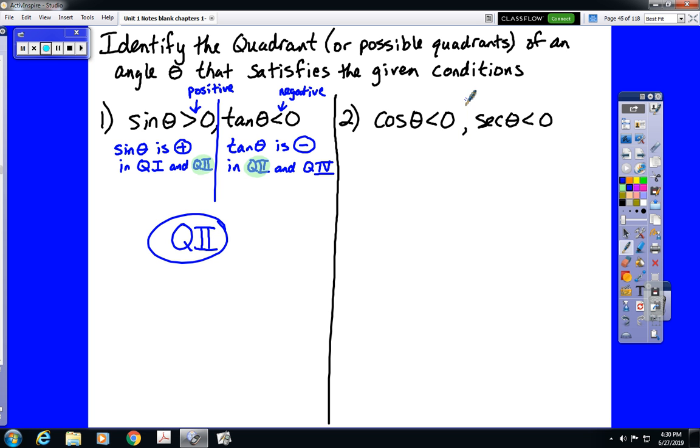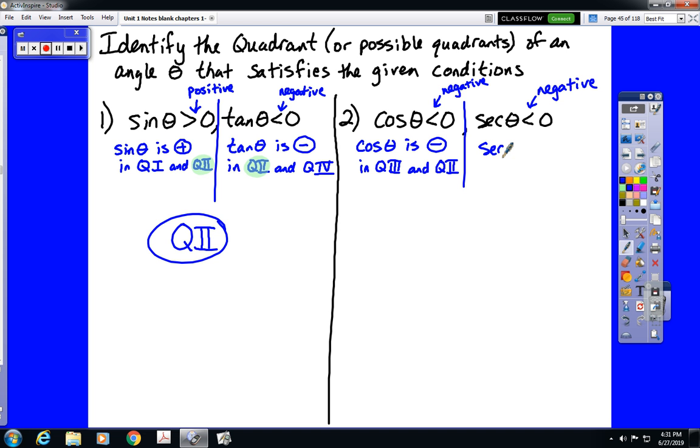All right, so again, here we have a negative and a negative. Okay, so cosine is negative in quadrants 3 and 2. I guess I probably should have written those the other way around, but it doesn't matter.